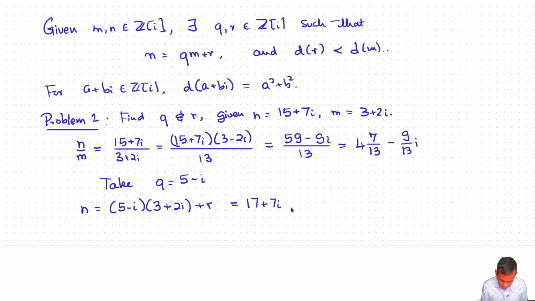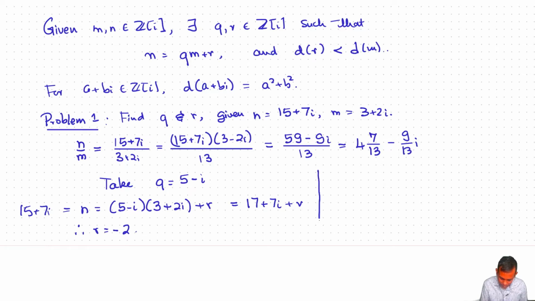So r is equal to, well, n is 15 plus 7i, so we get r is equal to minus 2.